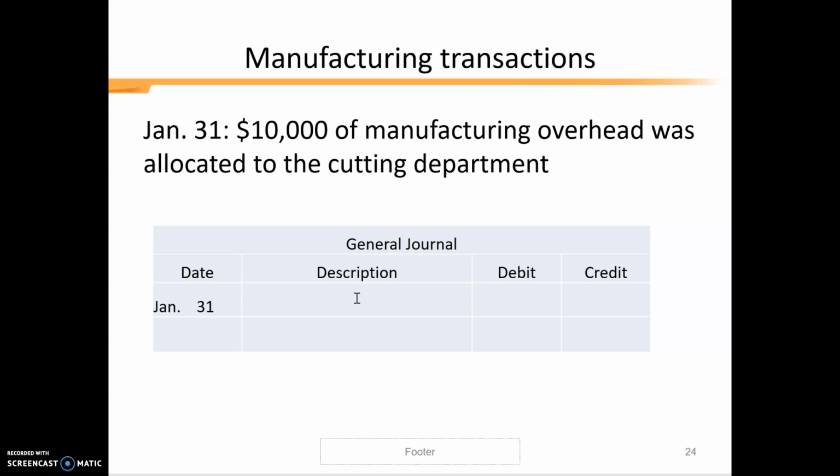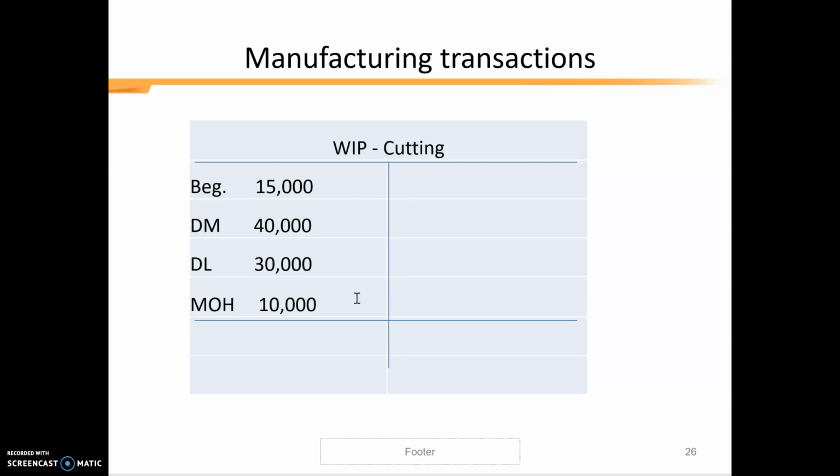Next transaction, 10,000 of manufacturing overhead was allocated to the cutting department. Right? So the manufacturing overhead now was put into the cutting department. So we debit the work in process inventory cutting for 10,000. We credit manufacturing overhead. And we can see the T account, work in process cutting, has been debited.